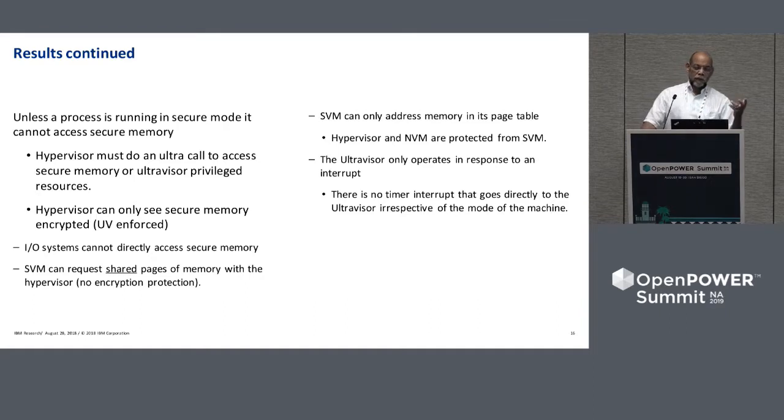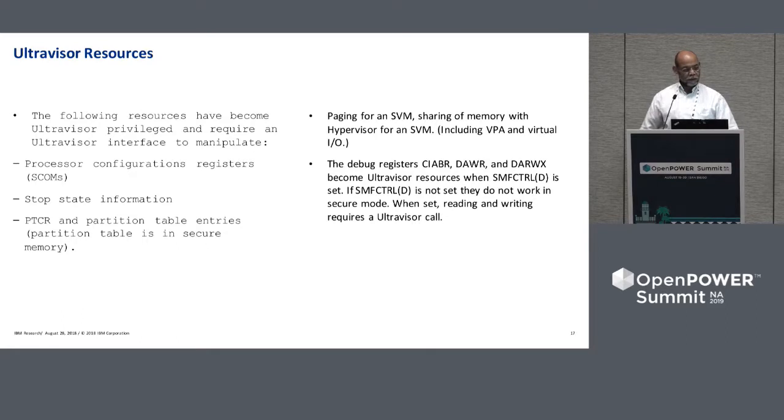And there's a register called the page table control register inside the architecture, which is owned by the ultravisor. So every time the hypervisor needs to start a new virtual machine, it's got to ask to make some changes. As an overview, these resources have become ultravisor privileged. In Power, we have something called SCOM registers, which are used to configure the hardware, and those are ultravisor privileged.